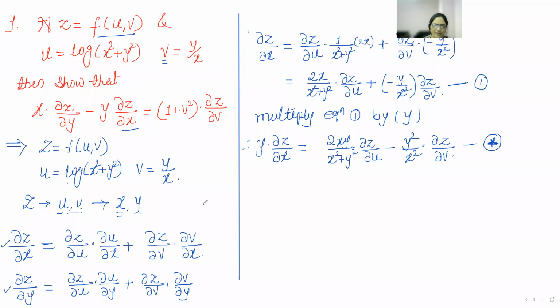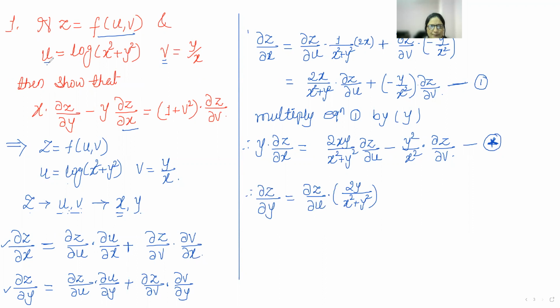Okay. After that, finding the derivative of z with respect to y. Take out the derivative of z with respect to y again with the chain rule. So it is dou z by dou u into derivative of u with respect to y, that is 2y divided by x square plus y square.